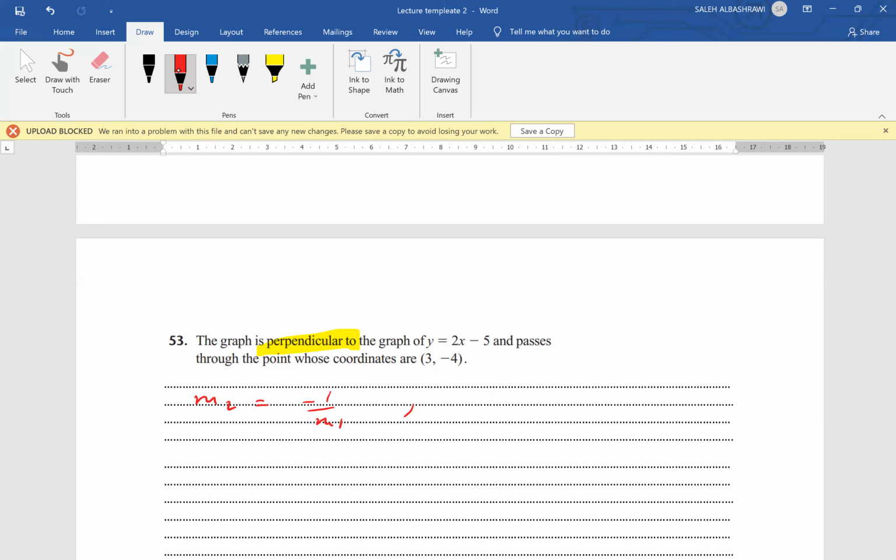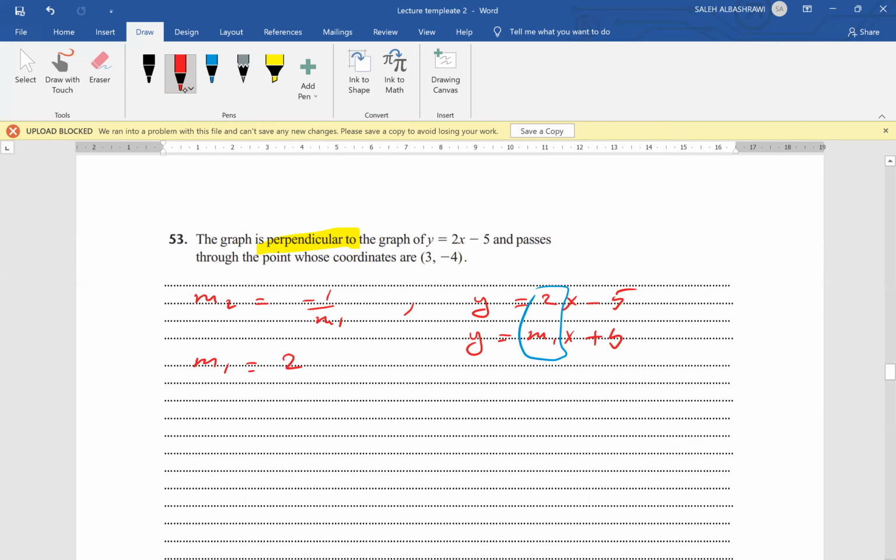Now what is m1? I have the equation y equals 2x minus 5, which, if we compare it to the general form mx plus b, the coefficient of x is equal to m1. So m1 equals 2.